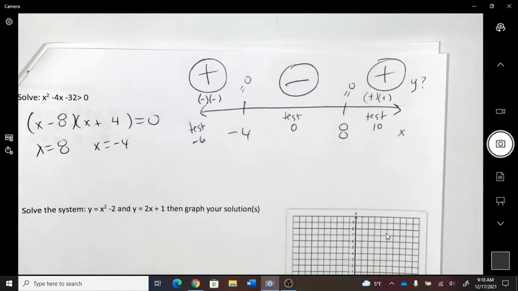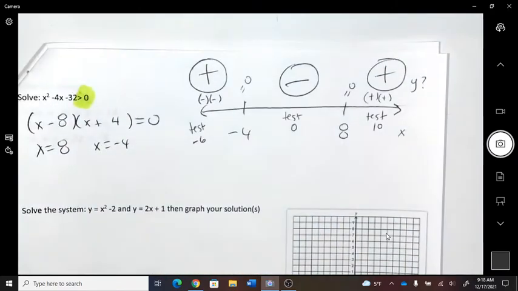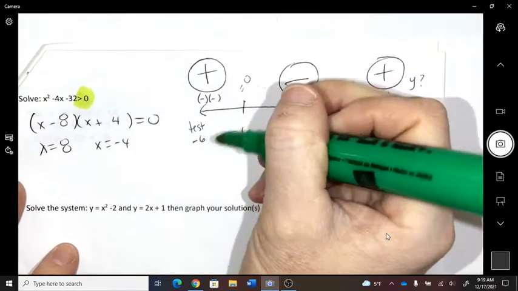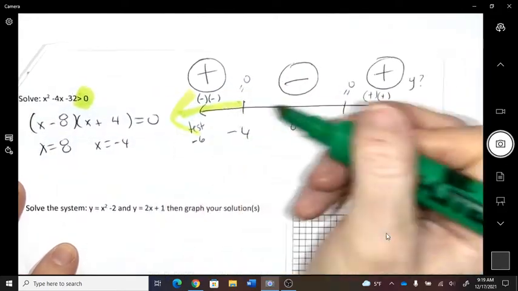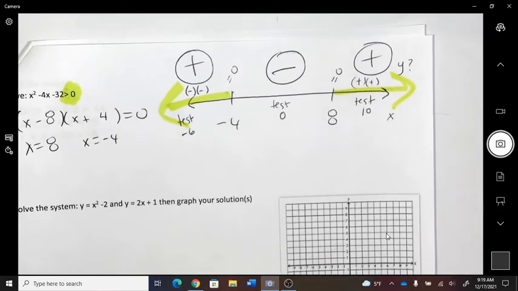Okay, so now what's the whole question here? Where are we greater than 0? So greater than 0 means positive. So that's this zone and this zone. So I'm going to write them.